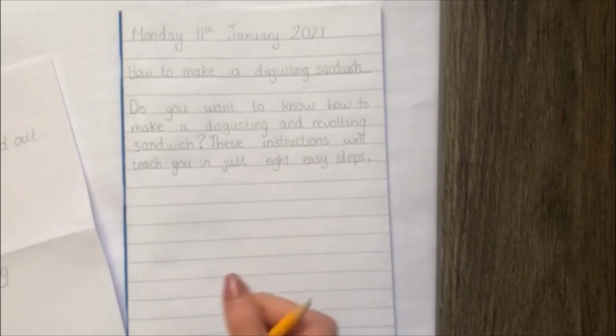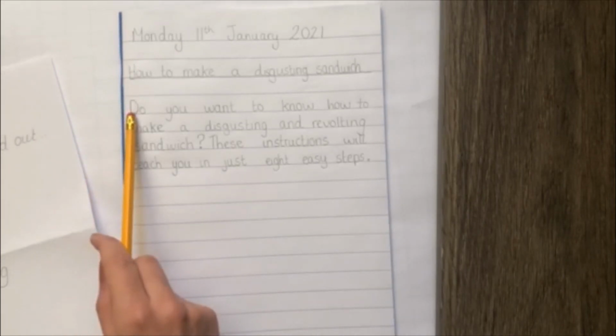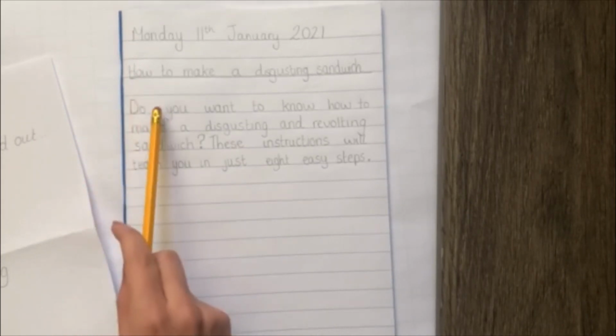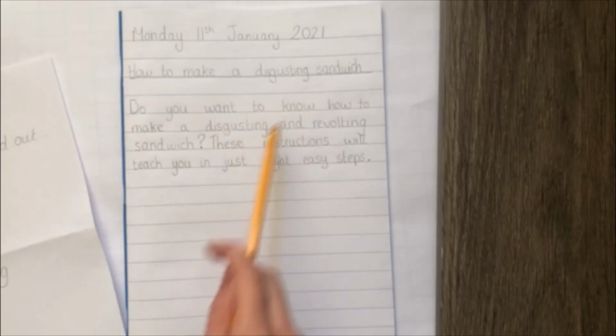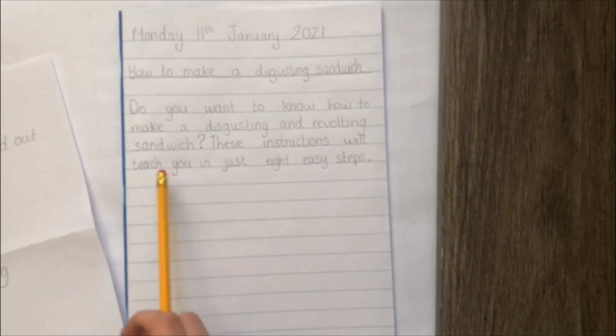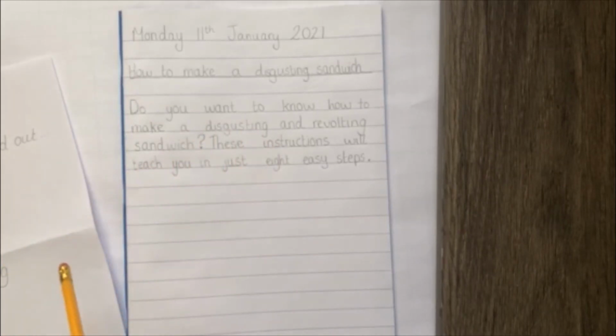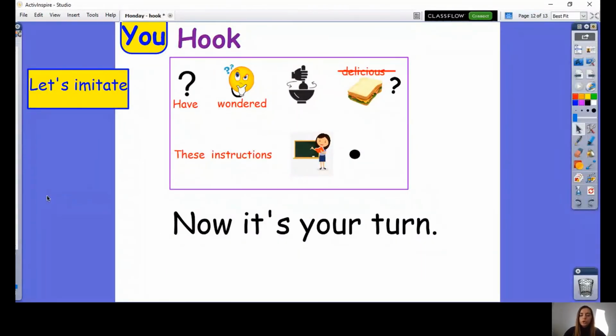Now it's your turn to have a go. Make sure you remember to include your capital letters, your finger spaces, your question mark, and showing your neatest handwriting and writing on the line. Now it's your turn to write your hook.